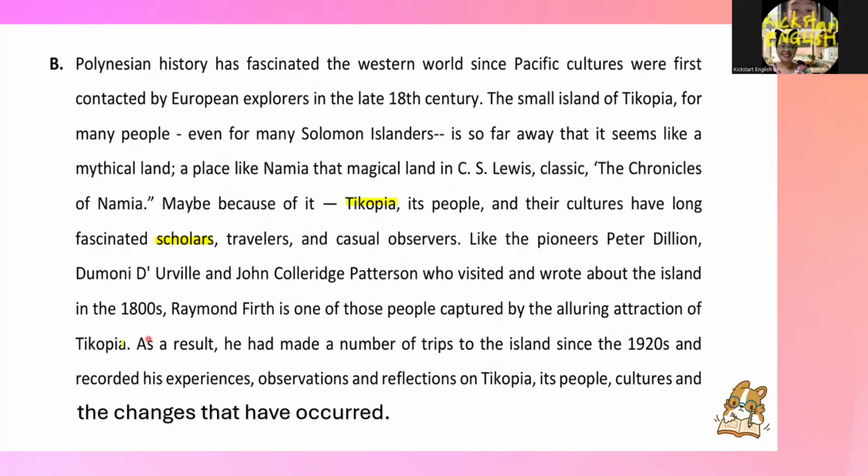And we also have another word Tikopia over here. And so we have number of trips to the island. And we have observations. So synonymous words are really important. Tikopia. So in paragraph B, we have lots of words about Tikopia.